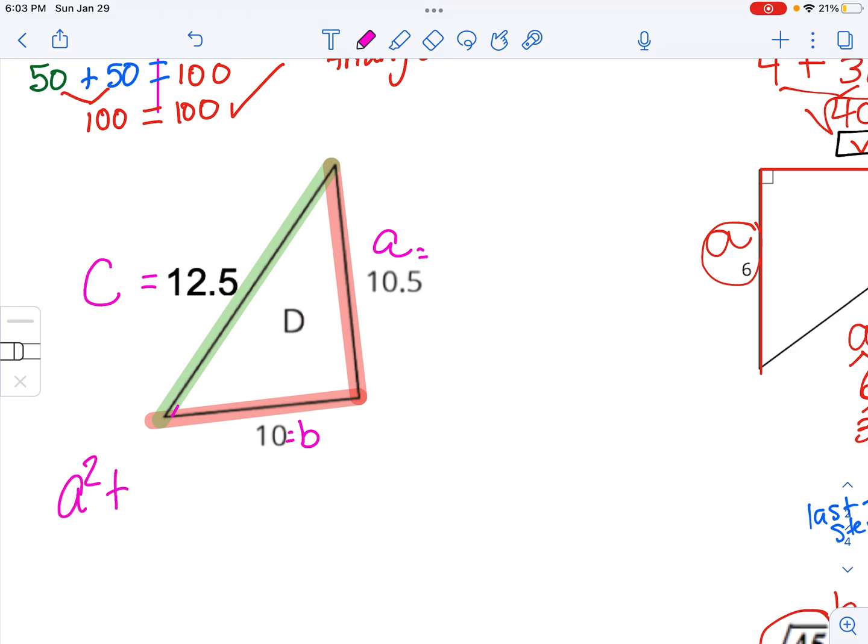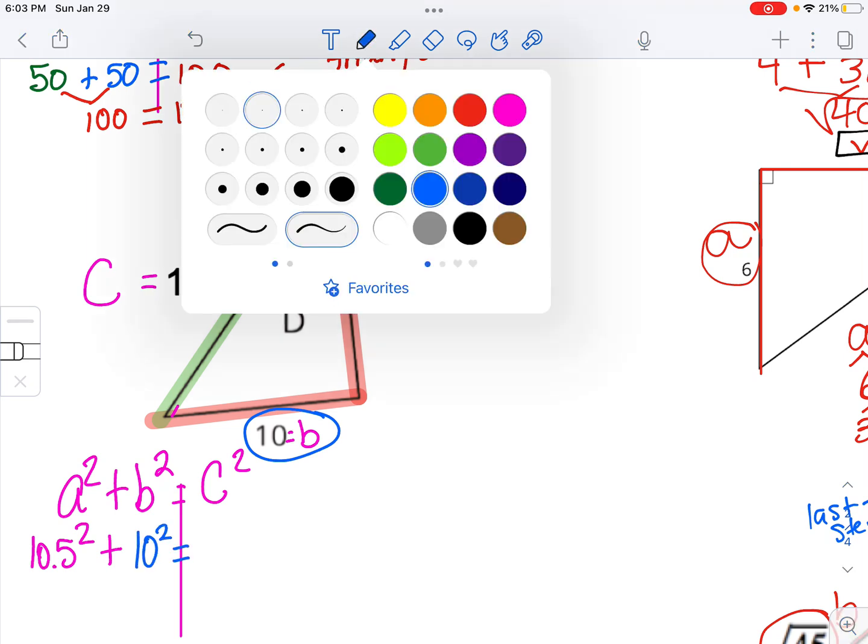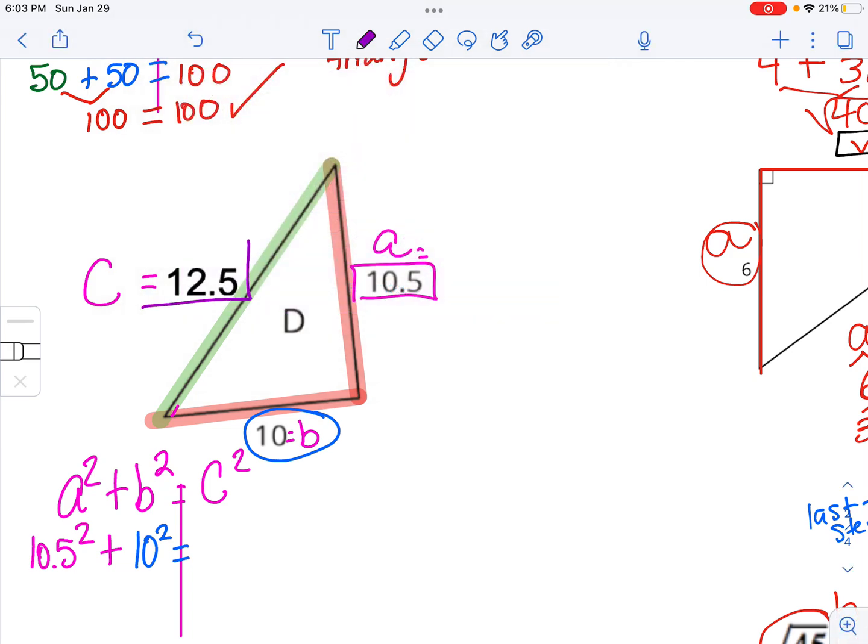So I'm going to go ahead with my formula and substitute. A is 10.5, so 10.5 squared plus my B, which is 10 squared, and then my 12.5 is my C, so I'll write 12.5 squared.